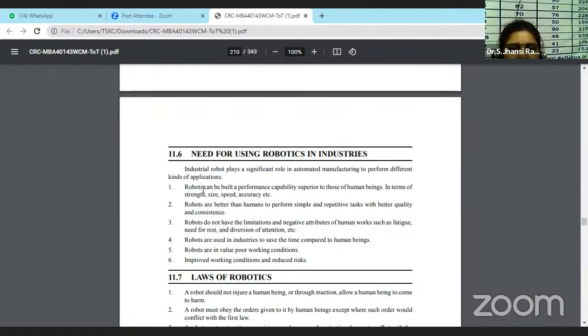It also does not require any rest, and there is no diversion of attention. Human beings come across all these things, and robots are used in industries to save time compared to human beings, and robots work in various poor working conditions. Though working conditions are not good, they work, and improved working conditions will reduce the risk.